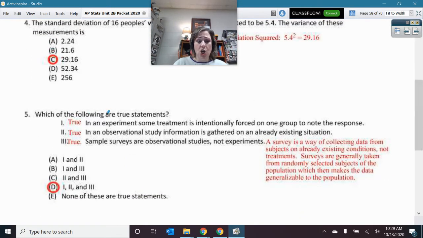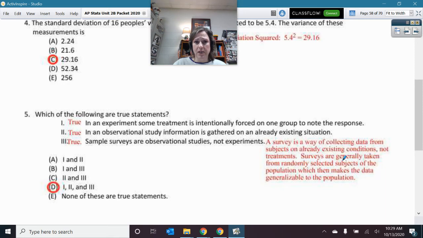Which of the following are true? I actually kind of struggled with some of these, and I think I even looked up this third statement. But anyway, we know 1 and 2, I was fine with those being true. I double checked this one: sample surveys are observational studies, not experiments. Yes, because with a survey, we are just collecting data from subjects with an already existing condition.